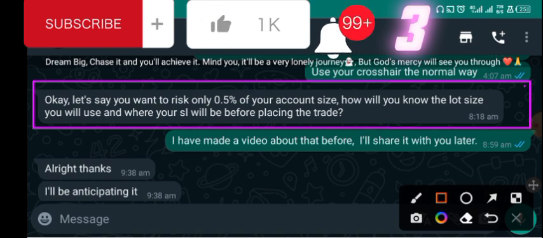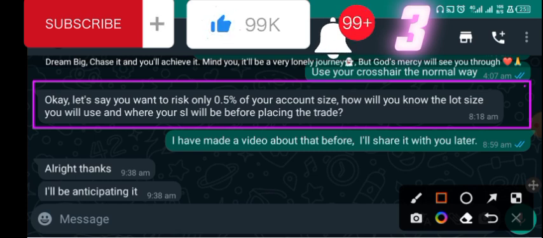Let's go straight. Now the question said, let's say you want to risk only 0.5% of your account size. How will you know the lot size you will use and where your SL will be before placing the trade?